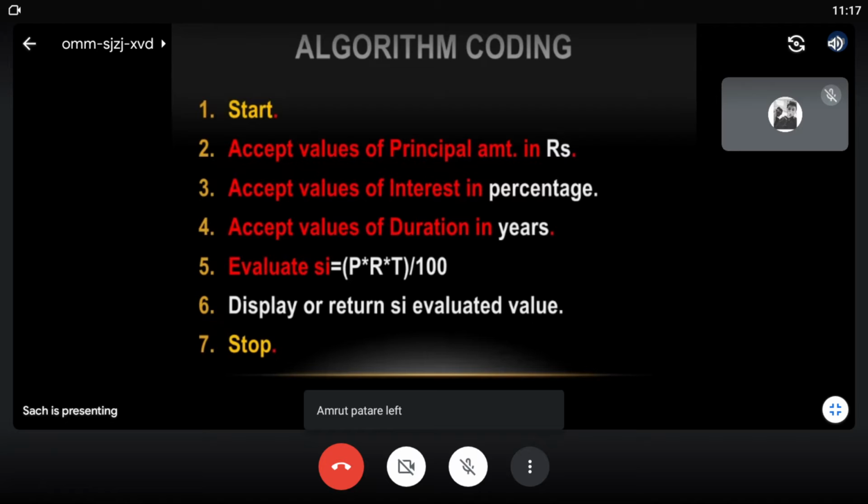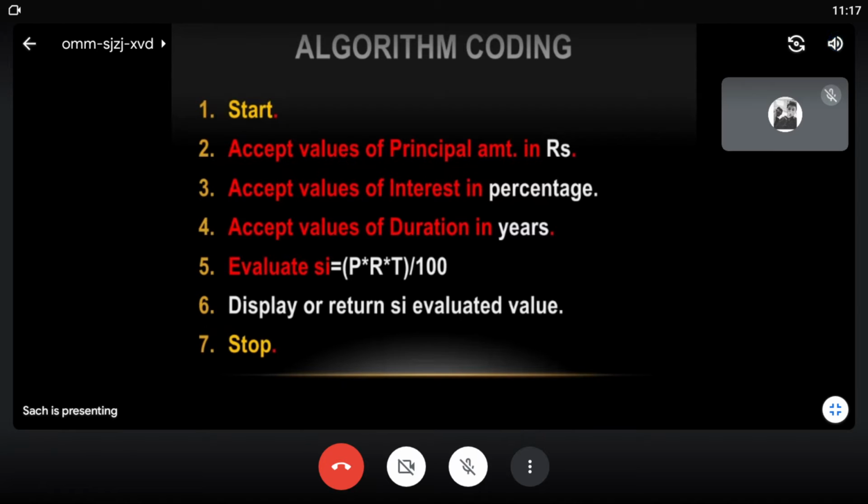Now the fifth statement, you can see that we have evaluated the SI as per the given formula. This is just pure mathematics. The last line is either we are going to display the simple interest or we are going to return the value of it for further processing.